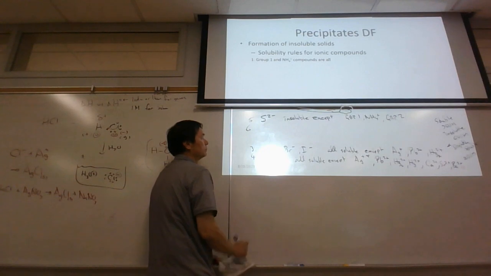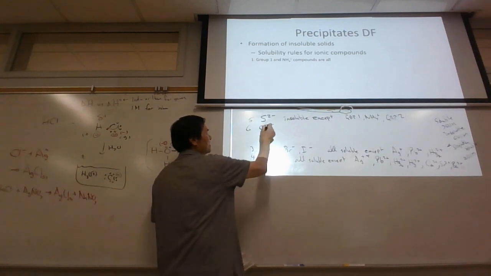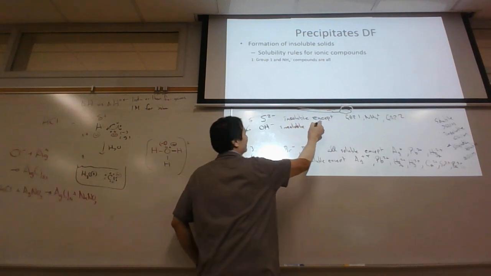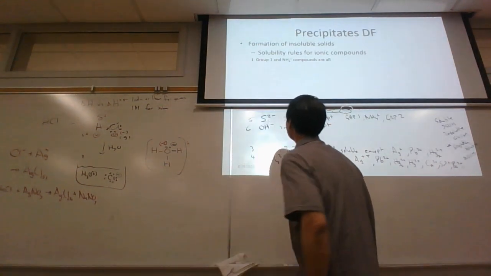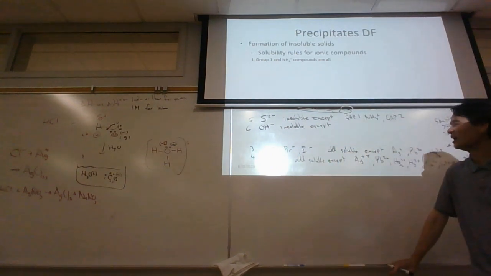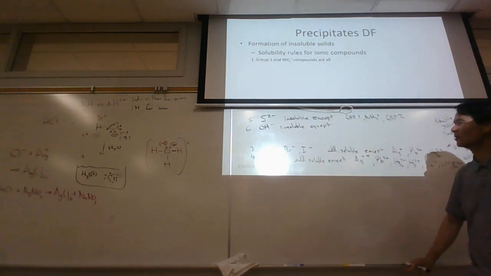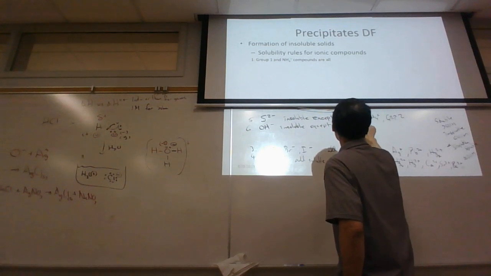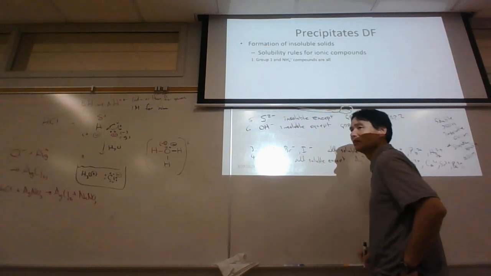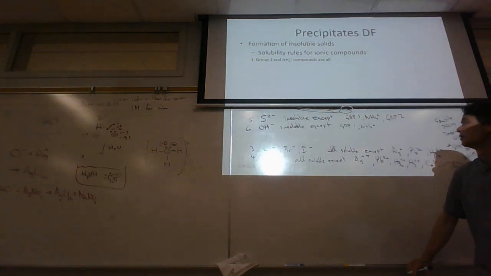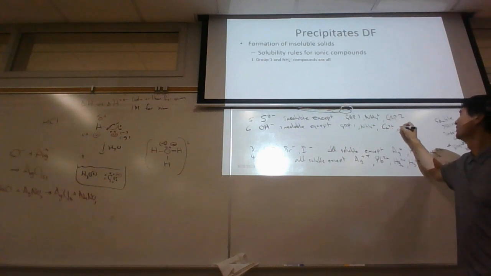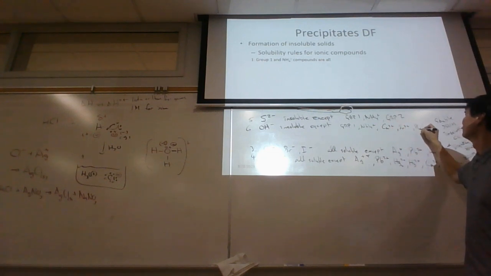6. Hydroxides are insoluble, except, I don't know, did I do this in the right order? Maybe not. 5 and 6 you can switch the order, or whatever makes it easier. These are insoluble except for group 1, ammonium, and calcium, strontium, and barium.